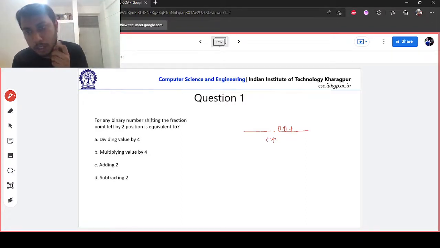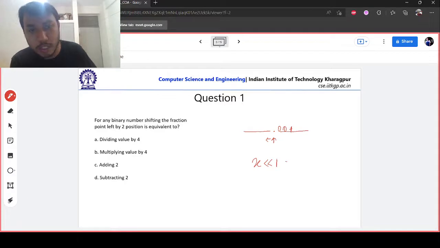This question is similar to the basic C questions you have encountered previously. If you have gone through a C lecture, there is this symbol for right shift.